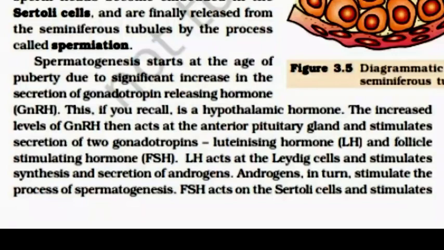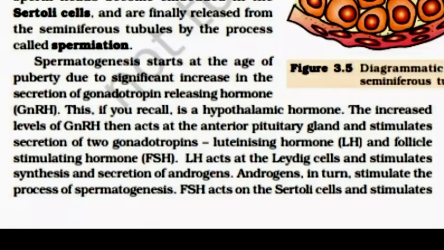If you recall, GnRH is a hypothalamic hormone. The increased level of GnRH then acts at the anterior pituitary gland and stimulates secretion of two gonadotropins, luteinizing hormone LH and follicle stimulating hormone FSH.